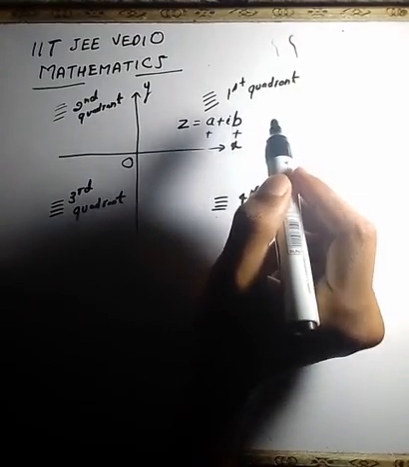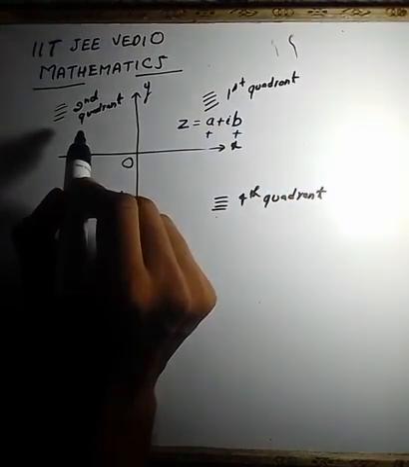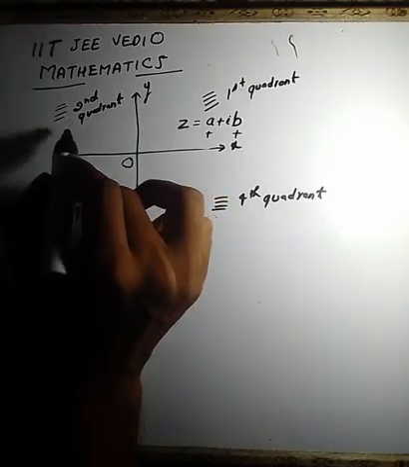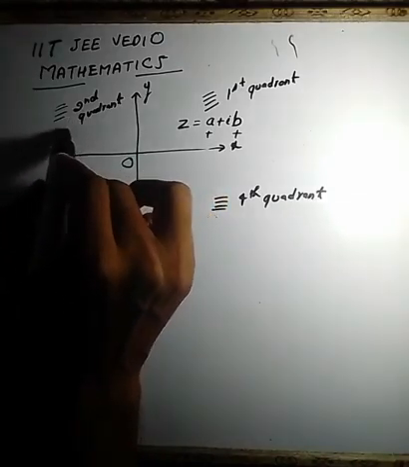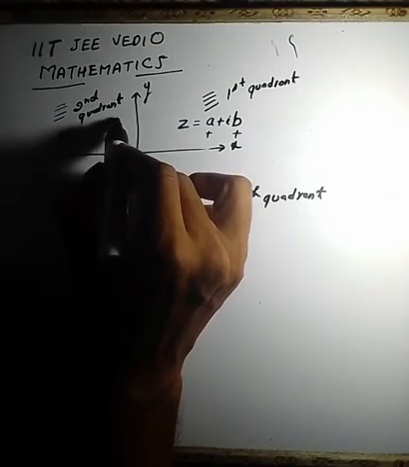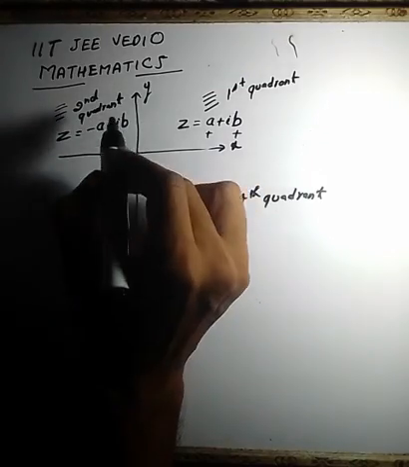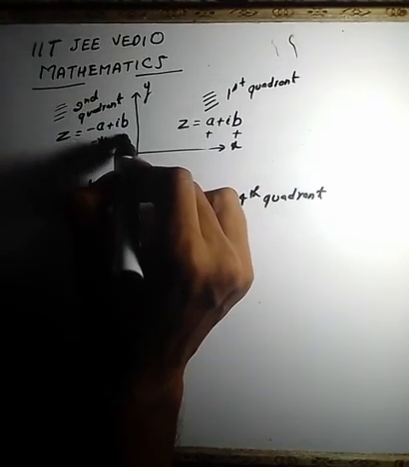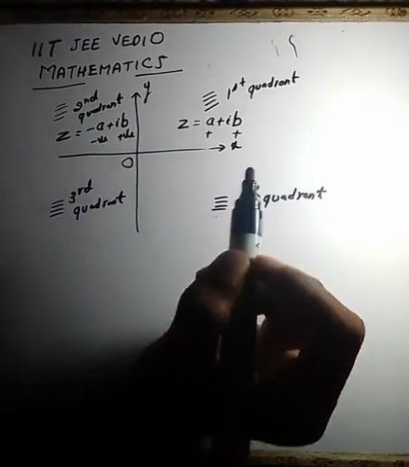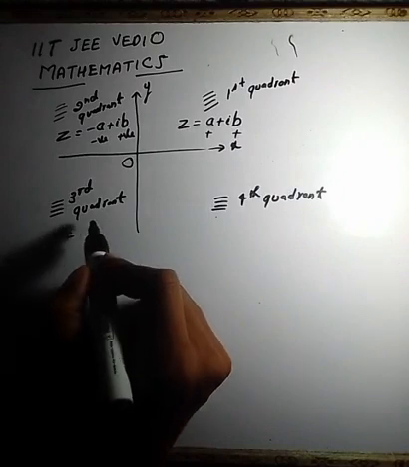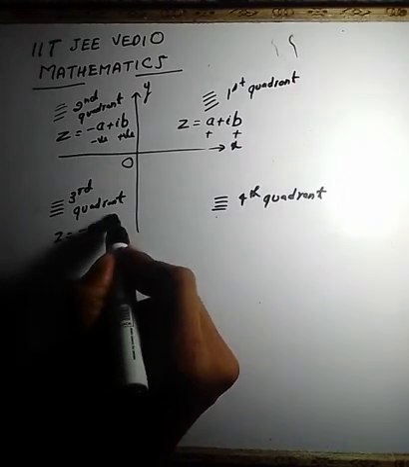Okay, and if z is occurring in the second quadrant, then we will write like z equals to minus a plus ib. So a will be negative and b will be positive. And if z is occurring in the third quadrant, then z will be minus a minus ib.